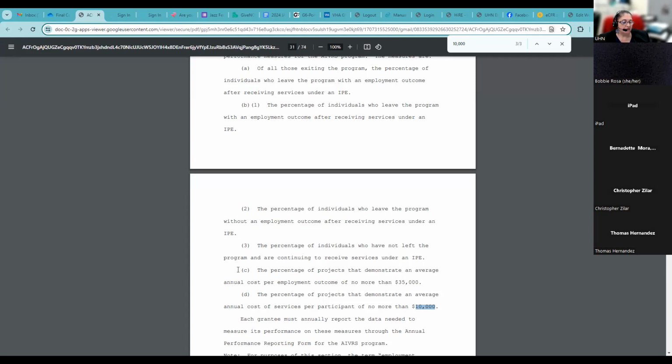And so again, you don't need to address it in your grant, but it's just something you need to be aware that you will be evaluated on. Okay. Ready to move on?